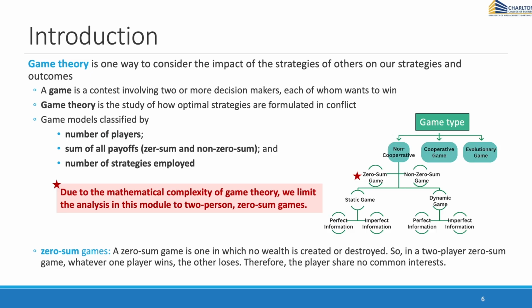But here, we are only focusing on two players with a type of zero-sum game. A zero-sum game is one in which no wealth is created or destroyed. So in a two-player zero-sum game, whatever one player wins, the other loses. Therefore, the players share no common interest.